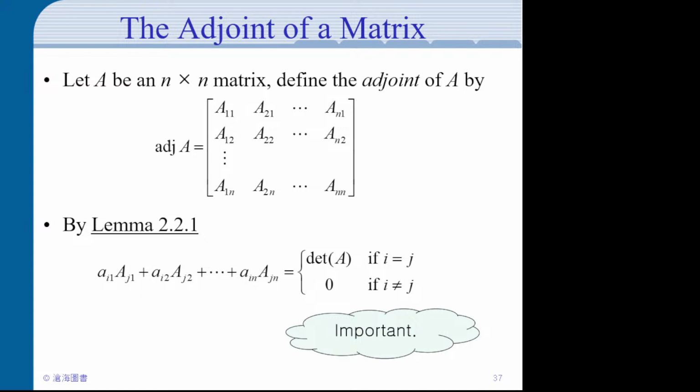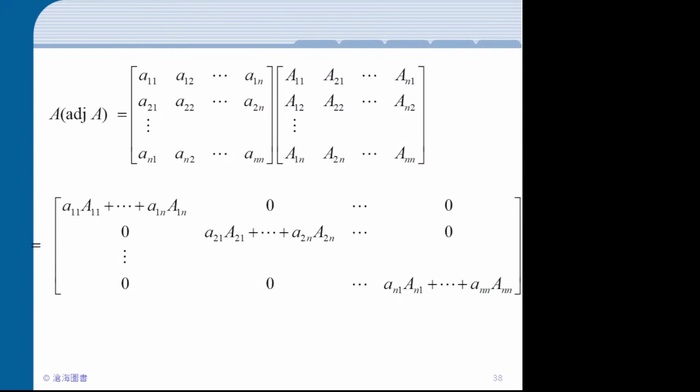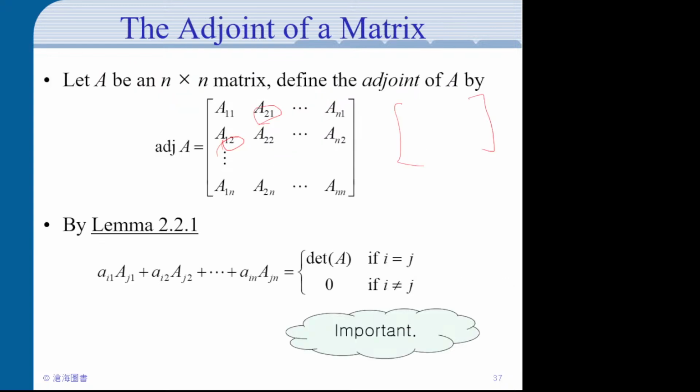This is A21 here and A12 here, but for a usual matrix you have A12 and A21 here. So you see this is a transpose of cofactors in their corresponding positions. So anyway, you can define this adjoint matrix.